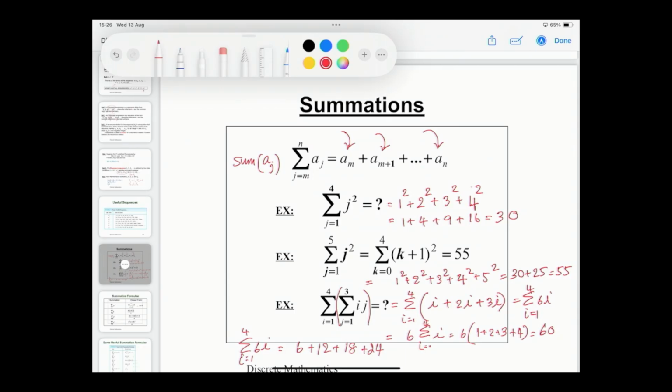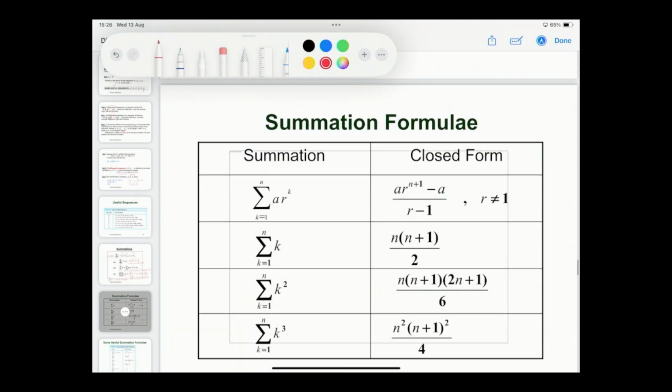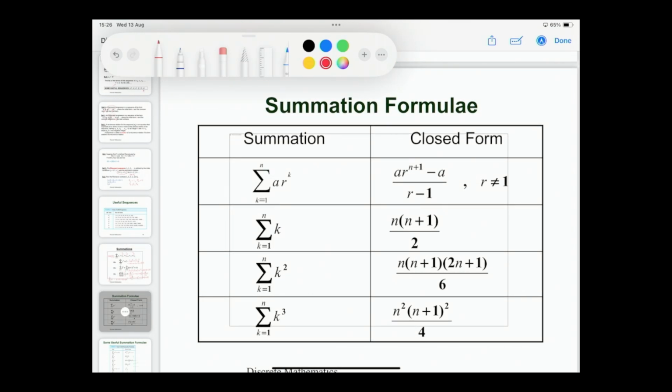Okay, so when we have double summation, something like this is how it works, finding out the value. There are also closed forms of the summation, like some of them you have seen previously, right?